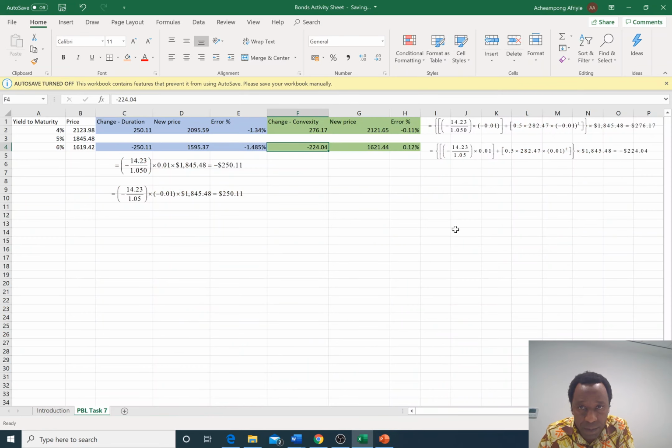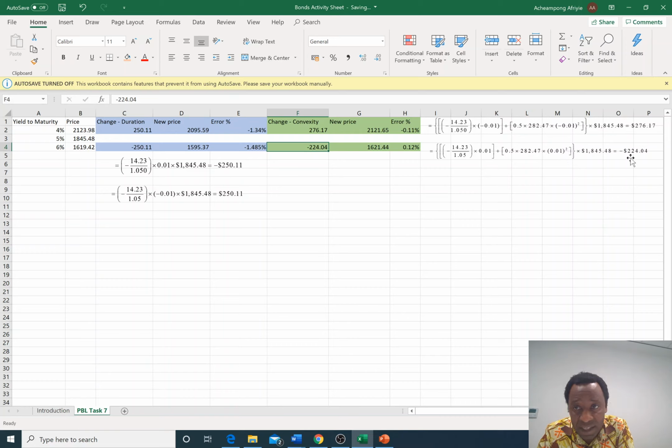So if we implement it, we pick the duration, we divide it by 1 plus the yield, multiplied by the change in yield, but we need to add, according to the formula, half of the convexity and multiply by the square of the change. Remember, that's the second derivative. So it's the same thing here, but then we're squaring it, okay? And then we multiply that by the price.